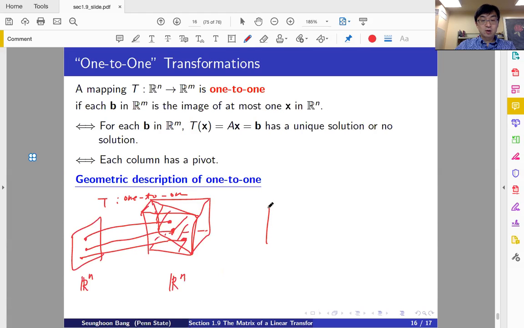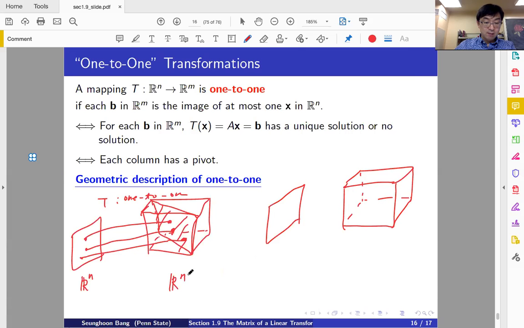But here we have something similar. This is Rn and this is Rm.